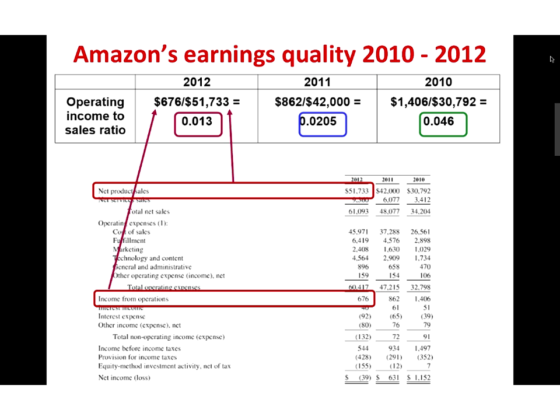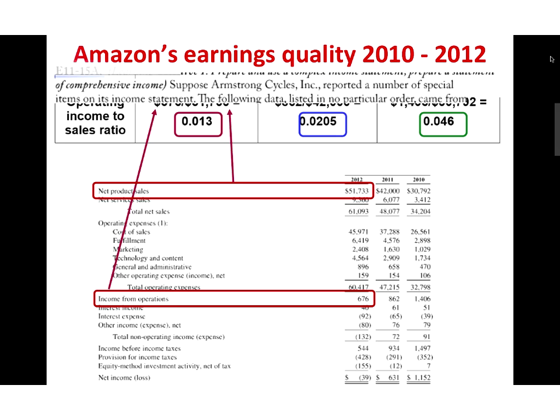What investors are trying to get to is what's the chance that this company will continue to have earnings that are the same as or better than. And the earnings quality here said kind of weak, and indeed the last year Amazon missed earnings expectations. So they came in below where everyone thought they were going to be. So that's just one way to evaluate earnings quality.